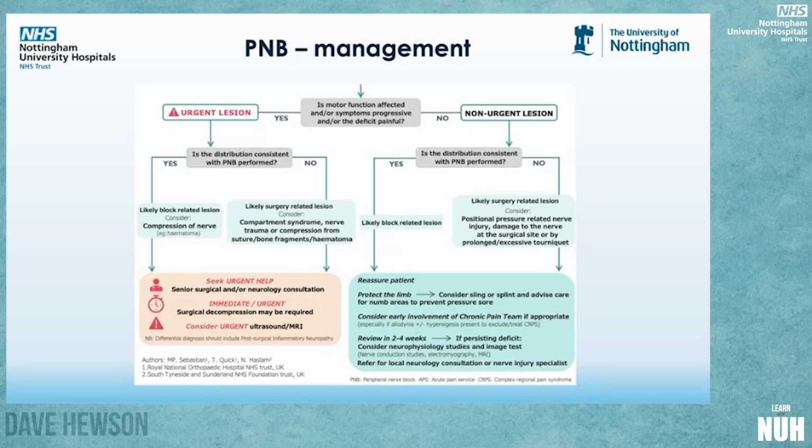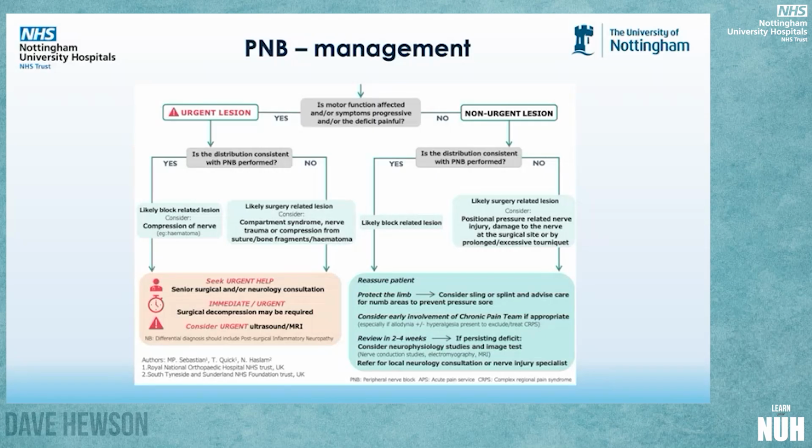The key thing is if they have motor dysfunction or progressive sensory deficit, that might be an urgent lesion which needs to be assessed face-to-face by one of us and/or a surgeon. Then you need to consider whether they need an MRI or perhaps a repeat ultrasound where the block was performed to see if there is a hematoma causing compression that needs release.